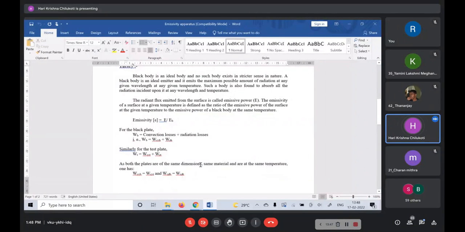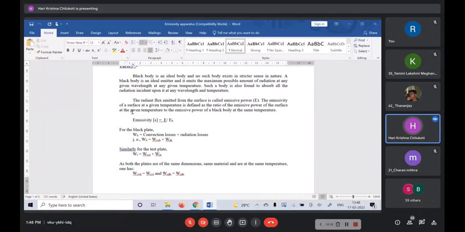The radiation heat flux emitted from a surface is called the emissive power. We can define the emissivity of a surface at a given temperature as the ratio of the emissive power of the surface at a given temperature to the emissive power of a black body at the same temperature.